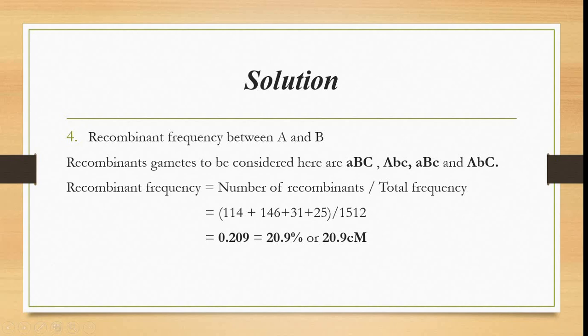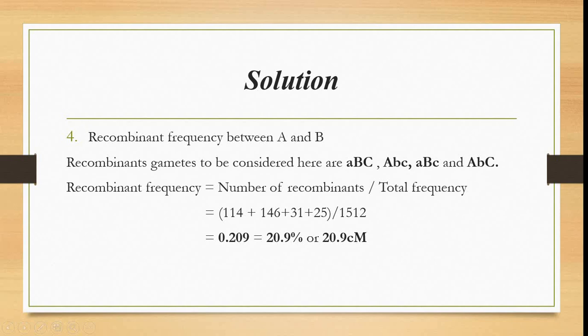Then you add their observed numbers, small a, capital B, capital C, plus all the others, plus the double crossover, plus 25. Then you divide by the total number of gametes, which in this case is 1512. So you get 0.209, which in percentage is this times 100, that is 20.9%.